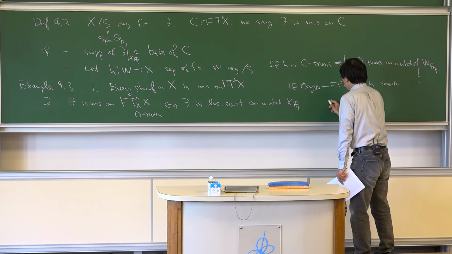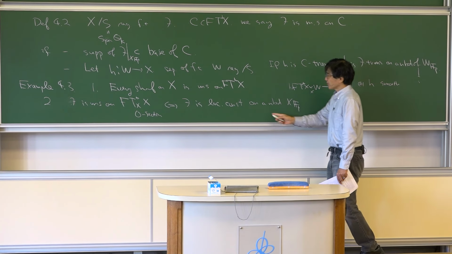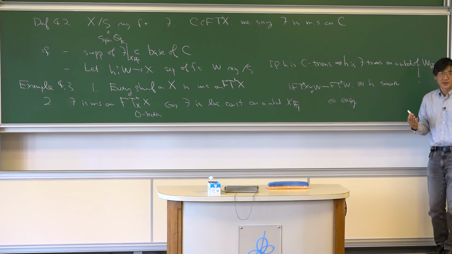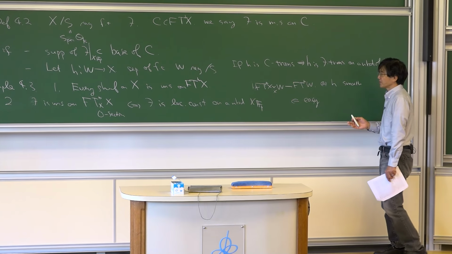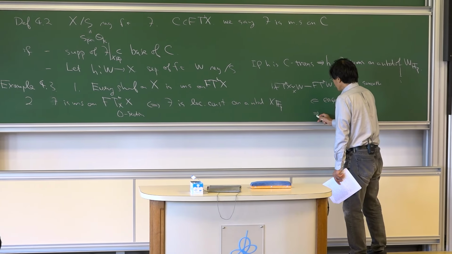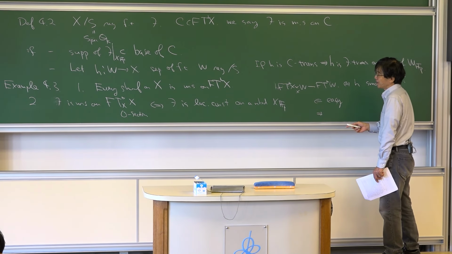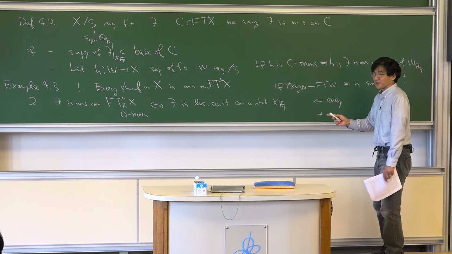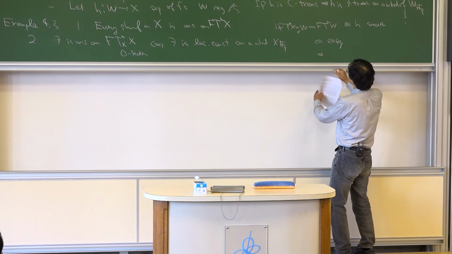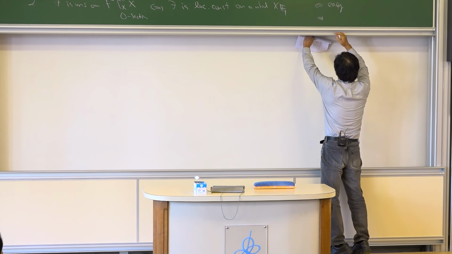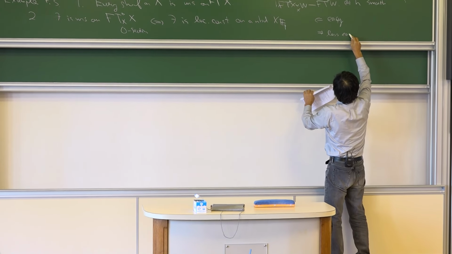This implication is easy, because if your sheaf is locally constant, every morphism is F-transversal. The other implication requires more argument, but it's also true. I will skip this.